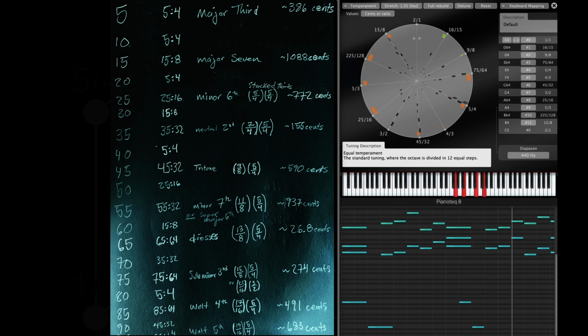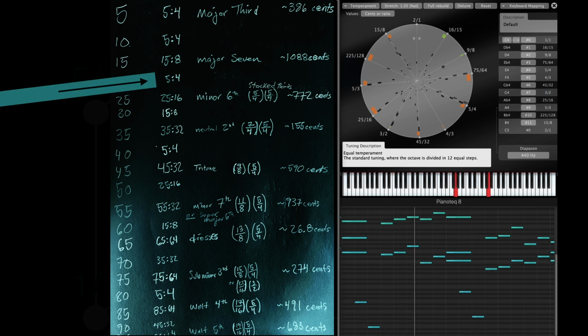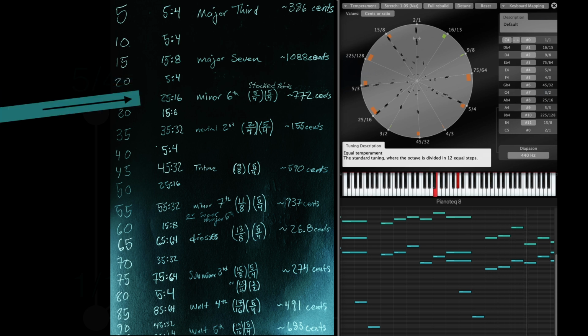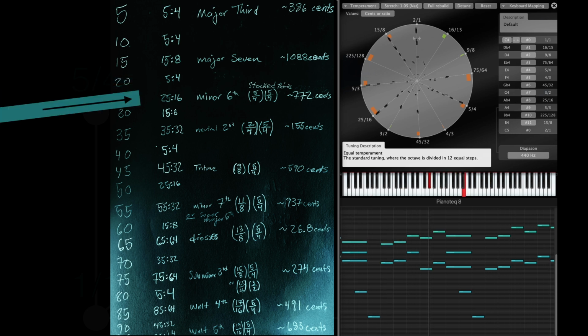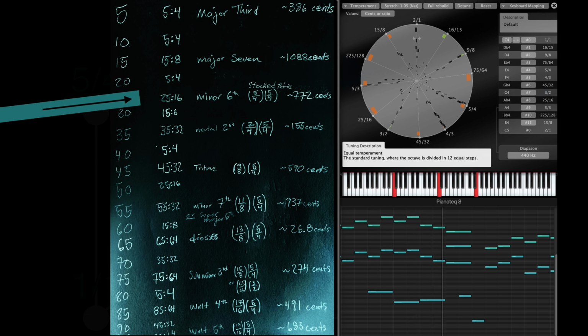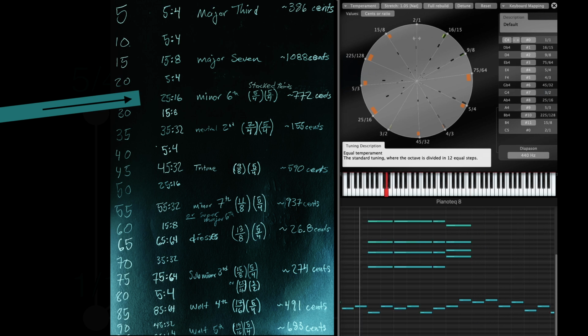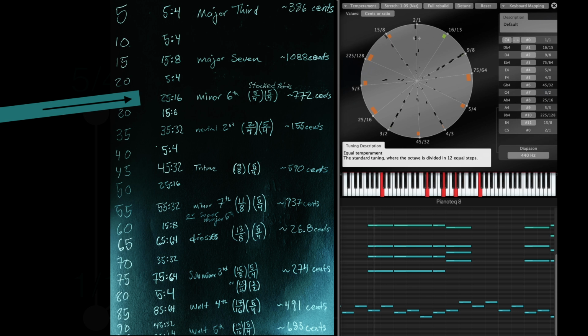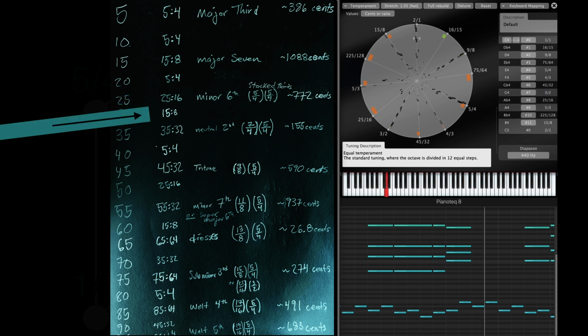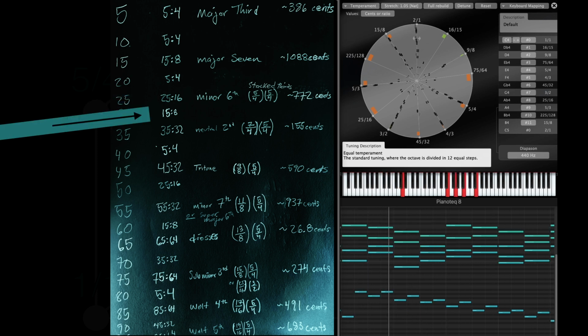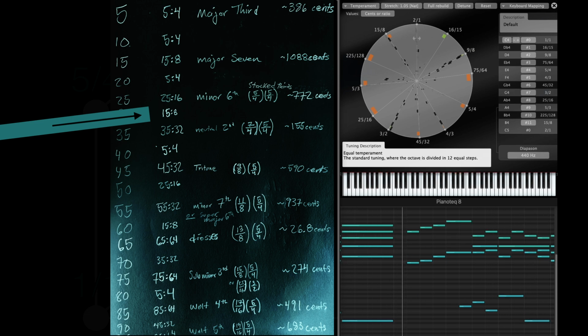And then we have 20, which again will reduce down to 5 over 4. 25 over 16, the 25th harmonic, is the lowest form of this fraction. It is a minor 6th, formed by stacking 2 pure thirds, 5 over 4 times 5 over 4. 30 will give us reduced 15 over 8, major 7 again.